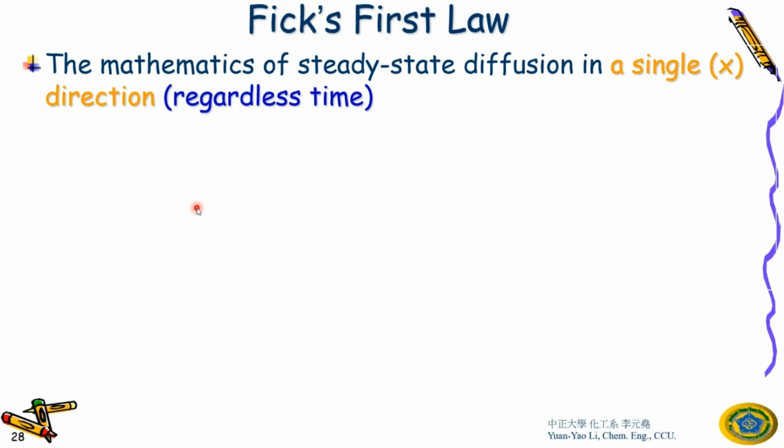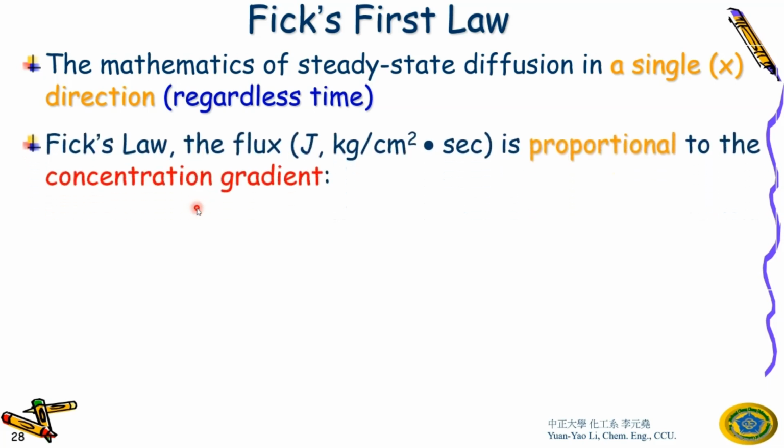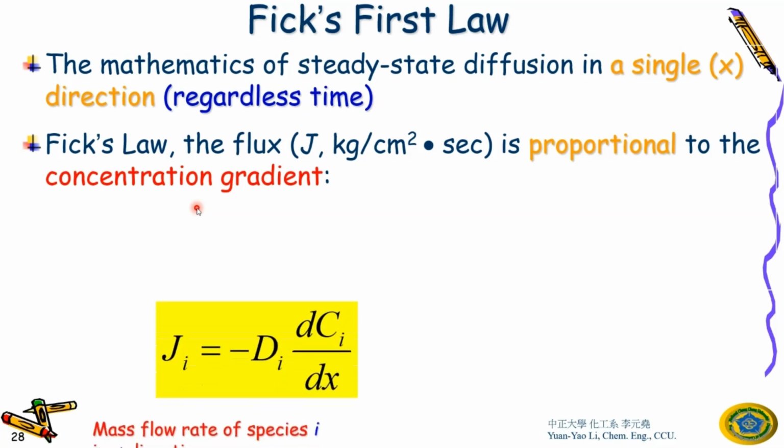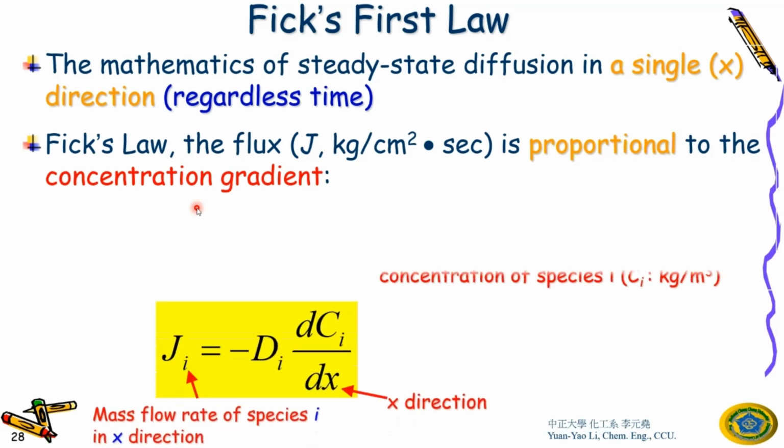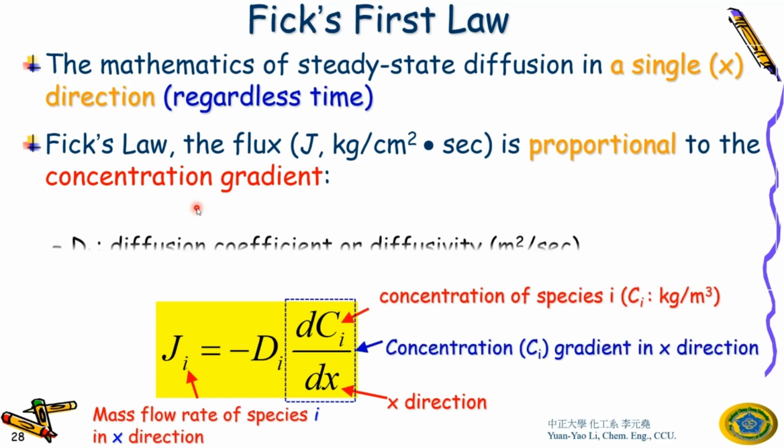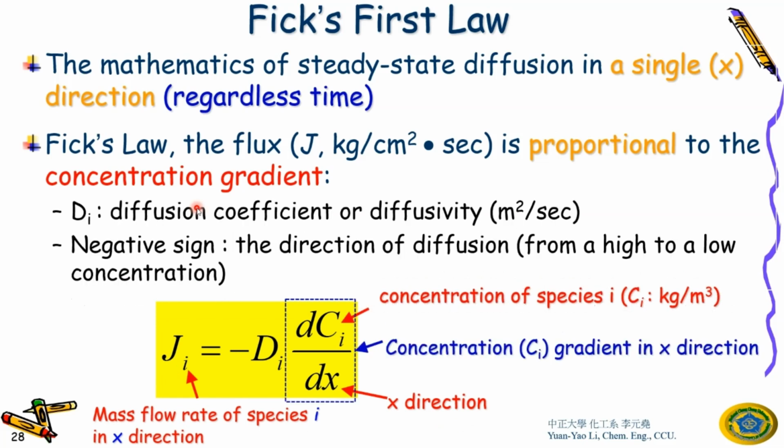So you need to make a differential equation, right? Even a partial differential equation. But anyway, now we just take a look at the simple case. The flux is proportional to the concentration gradient. So this is what we know. Flux, direction, concentration, and diffusion coefficient.